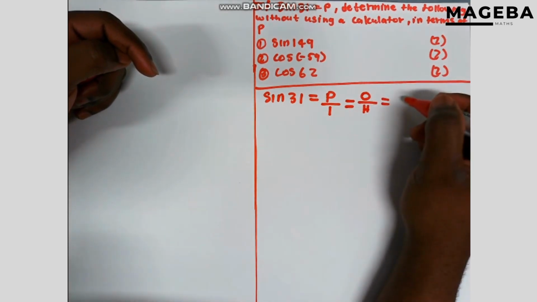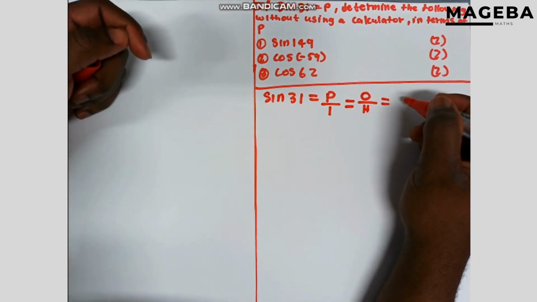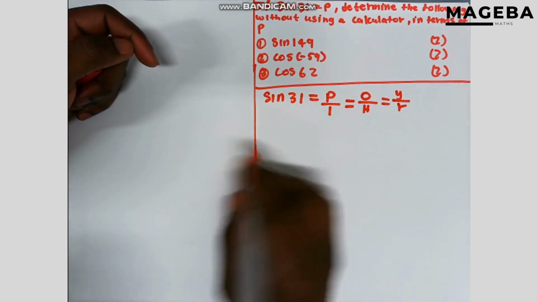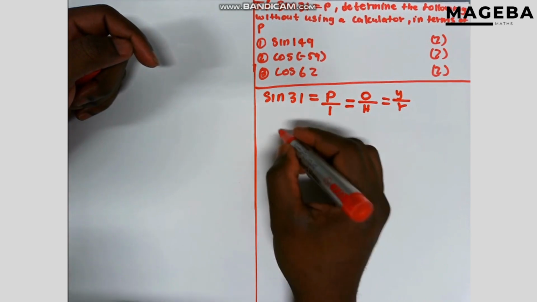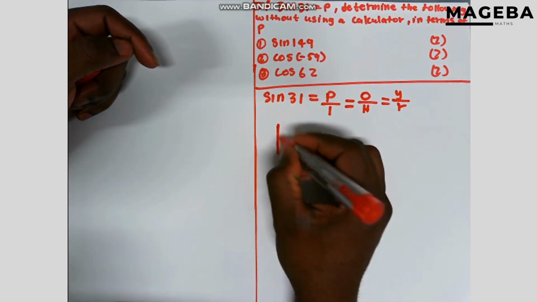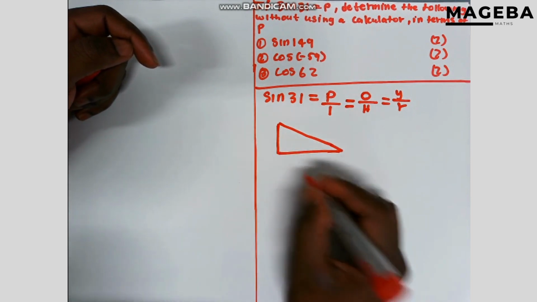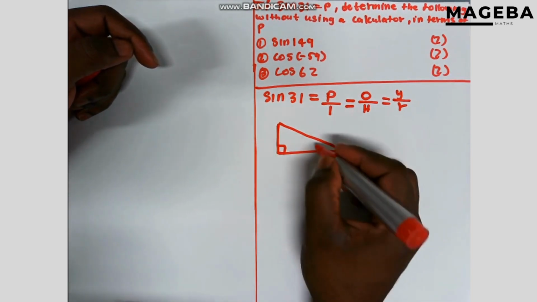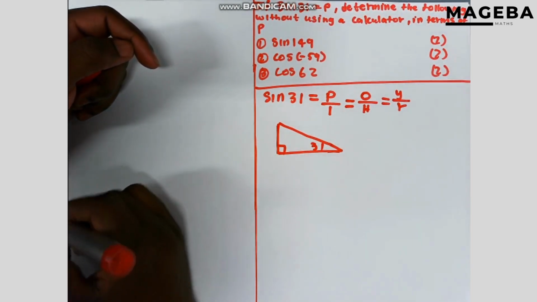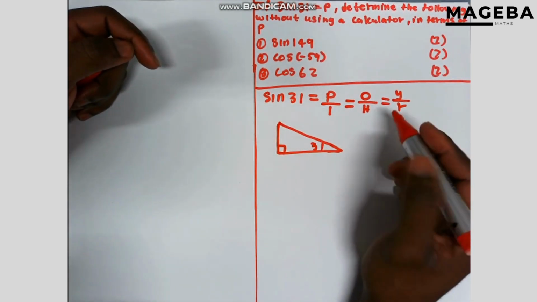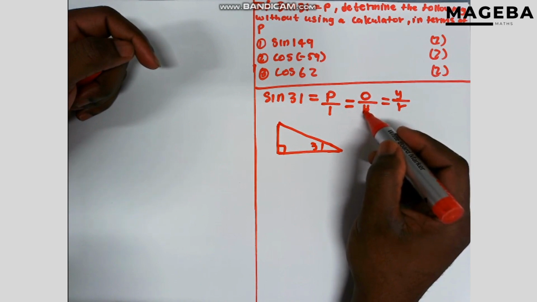In terms of x, y, and r, it's y over r. So from here we need to draw our right angle triangle. This is our right angle triangle, which is 90 degrees, and we also have 31 as the angle that they gave us here.